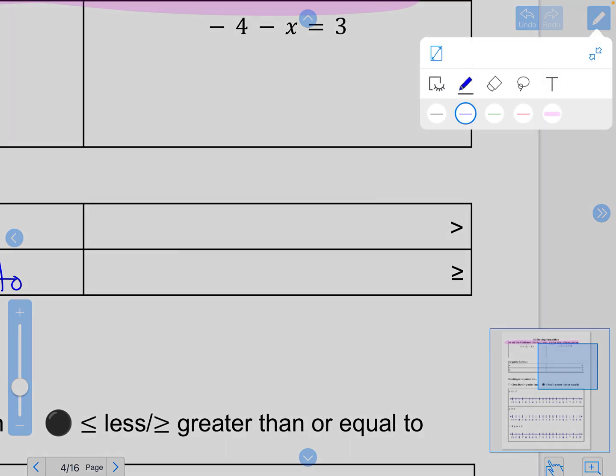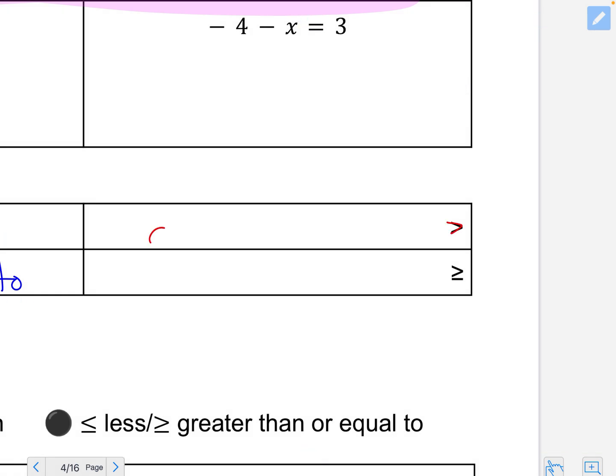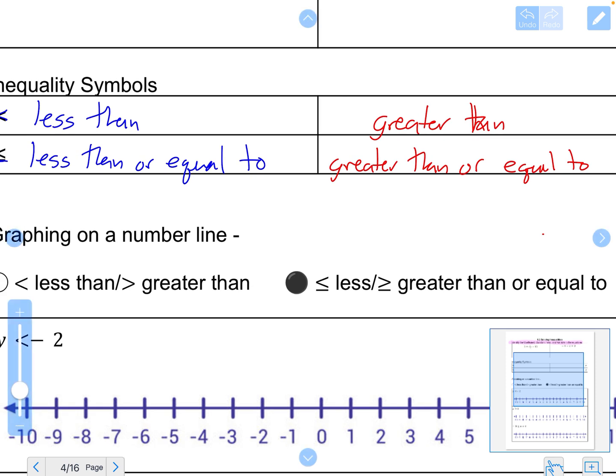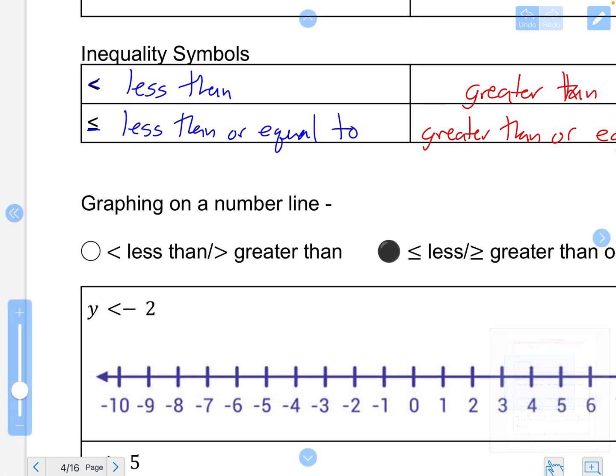If our little arrow guy is pointing to the right, that tells us it's going to be greater than. Oh, let's spell things right. And then again, if it's got that little line underneath it, it's going to be greater than or equal to.